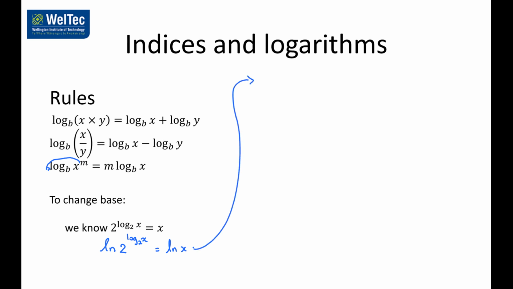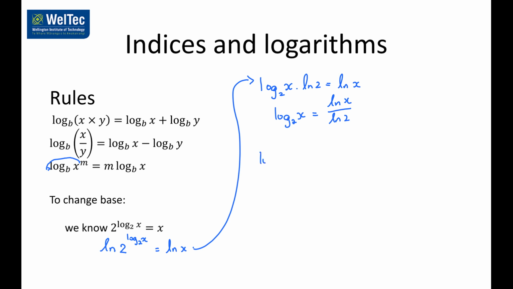Now, if we use our rules of logs, we can bring that power down to the front. So now we have log to the base 2 of x times natural log of 2 equals natural log of x. And if we divide both sides by natural log of 2, now we have an expression for log to the base 2 of x. It's the natural log of x divided by the natural log of 2. And this would have been true if we'd used logs to the base 10 as well.